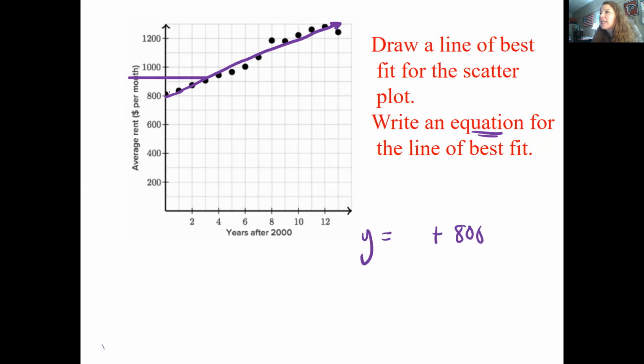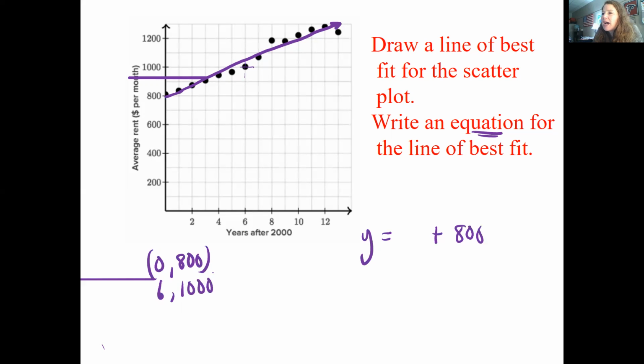And then let's try to use a dot that's right on the coordinate of 6, 1000. So we're going to use the points 0, 800, the y-intercept, and this point right here, which is 6, 1000.